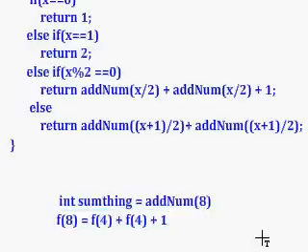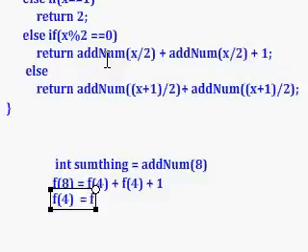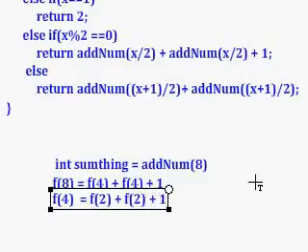Well, I'm glad you asked. F of 4, again, the only condition that's satisfied is the third one, because f of 4 is even. So we again say f of 4 over 2, which is 2, plus f of 2 plus 1.